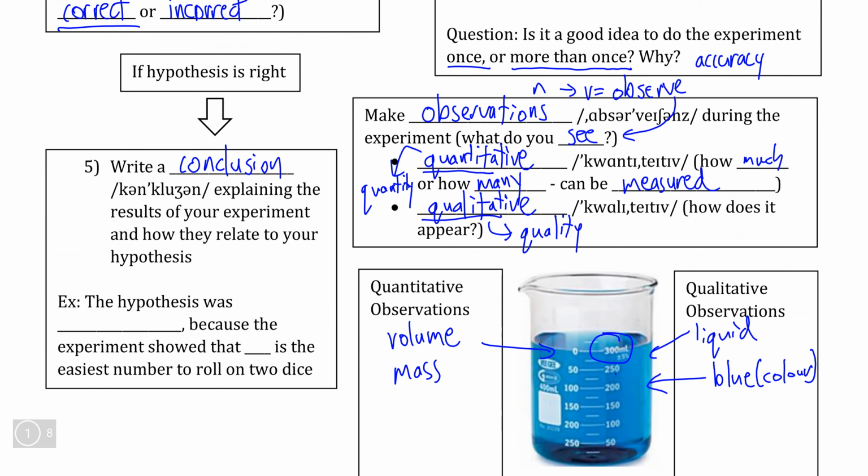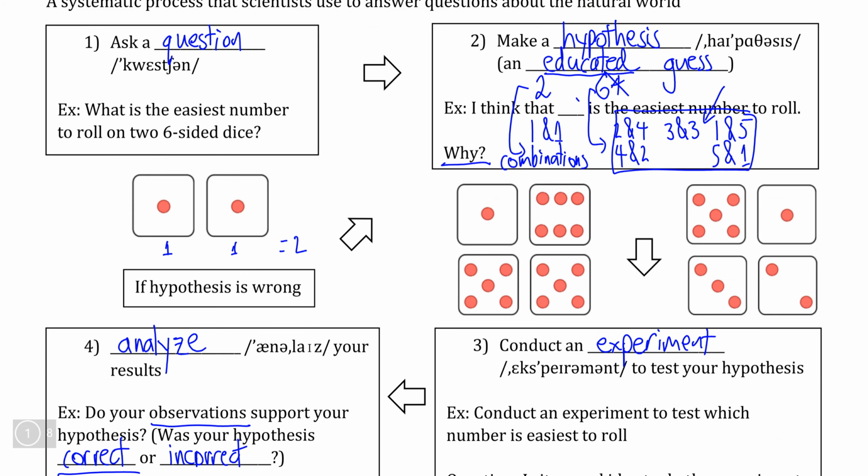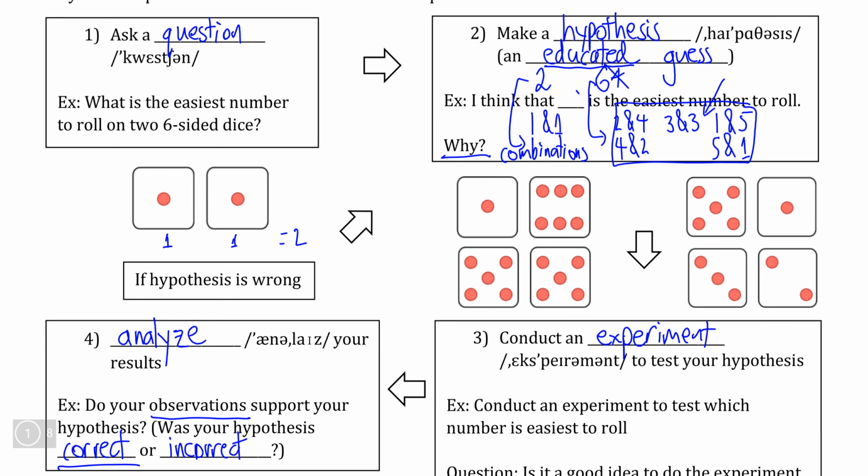So an example of a concluding statement is that our hypothesis is correct, because it showed that the total number of the dice roll is the easiest number to roll based on 2 dice. And again, remember that the hypothesis includes why, because that number has the most possible combinations to roll. Now, I'm going to leave this blank here because this is an experiment that you can do by yourselves to see whether you can come up with the correct hypothesis.